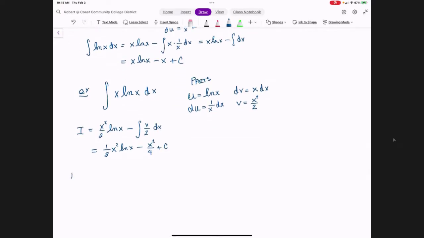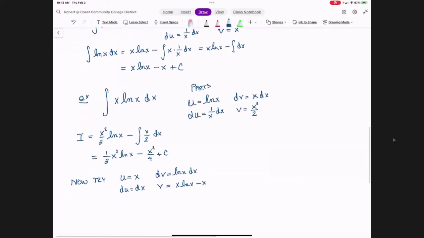Okay, now let's try u equals x and dv equaling the natural log of x dx. So du is just going to be dx and v, now we need to remember what it was. It's x ln x minus x, right? Right there.